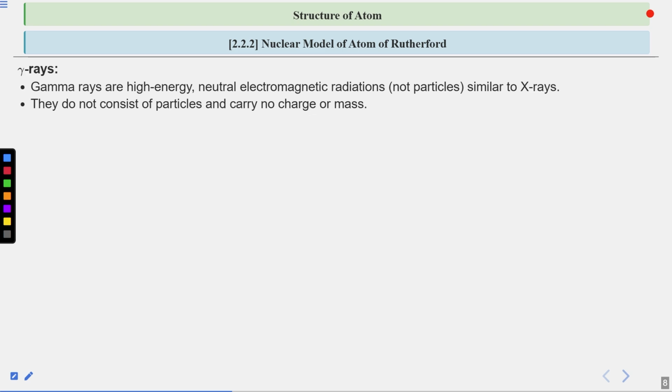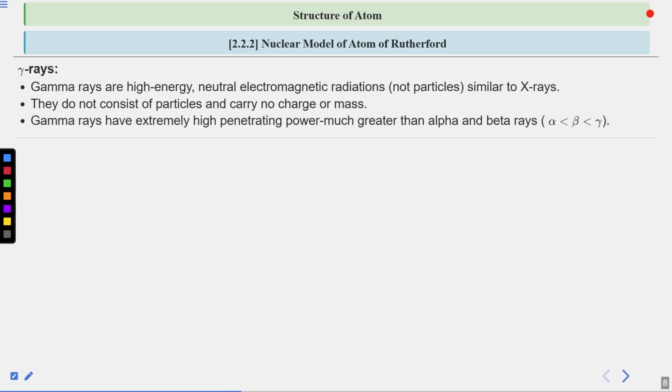So it is written that they do not consist of particles, and since they are free of particles, they have no charge or mass. Now, it has a very high penetrating power, right? So this is the order. Alpha rays have the least penetrating power, then comes the beta rays, and lastly comes your gamma rays.